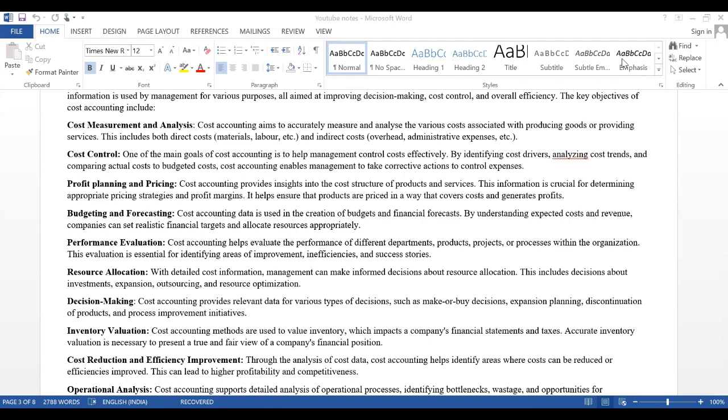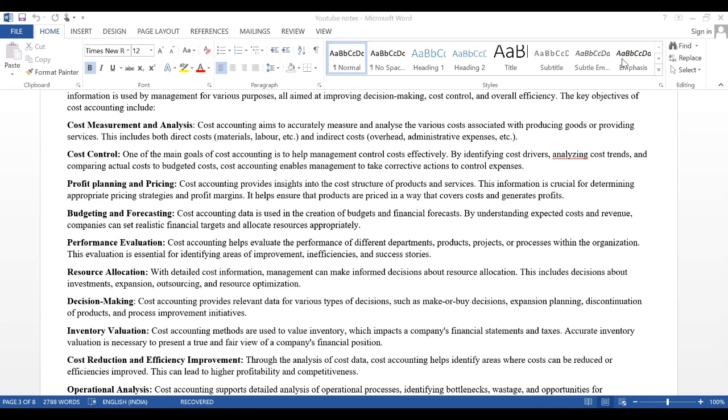Forecast is nothing but planning, right? So when you forecast, you need to understand what is the cost, what is the revenue. It may be historical, it may be the current situation. You're going to evaluate the cost, revenue, and everything. Then you plan, then you budget.